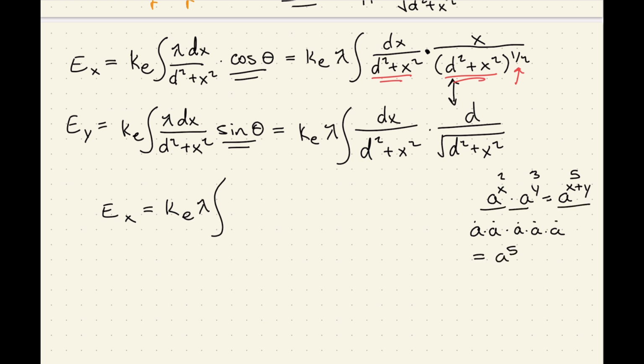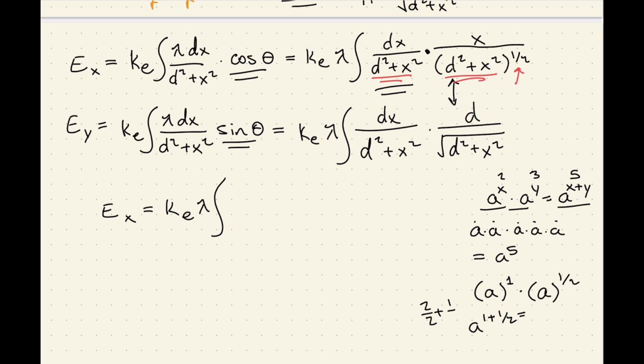Makes sense? That is pretty nice, and it also works with fractions. So in this case, our a is d squared plus x squared. That is a to the power of 1. And we're multiplying by something, a to the power of 1/2. So this will be a to the 1 plus 1/2, and 1 is the same thing as 2 over 2.